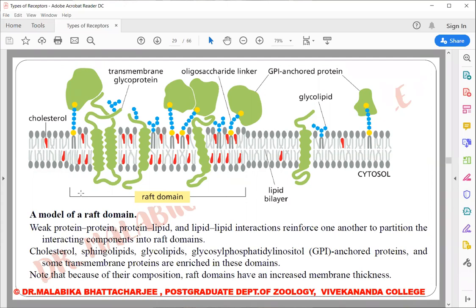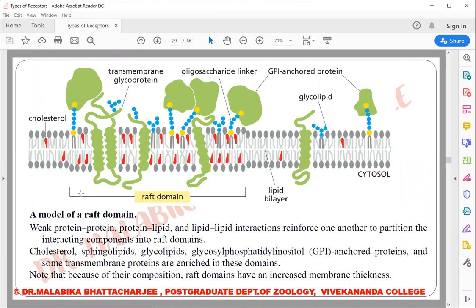If we superimpose that picture on a membrane, imagine that the receptors are dispersed on the membrane. Whenever a ligand molecule moves near the membrane, the receptors move through the plane of the membrane to get aggregated at a place.